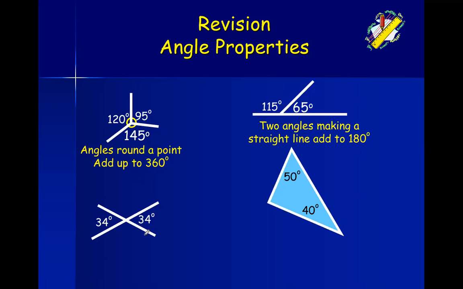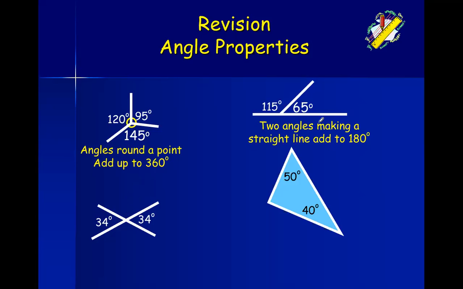Now, this I usually call the X. What kind of angles do we have? So what's the angle here and what's the angle here? Knowing that if you've got 34 here, you have 34 here. So we've got what we call opposite angles. So what do you think this angle would be?